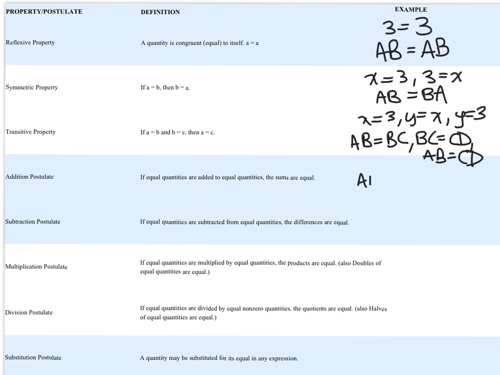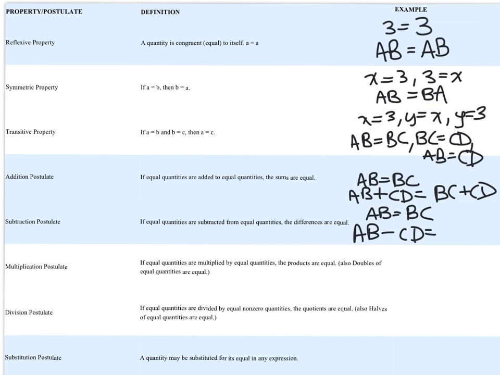If I know that 2 segments are equal, adding a segment to each side still makes them equal. So this is my addition postulate. My subtraction postulate, again in algebra, if x equals 3 and I subtract 2 from both sides, it's still going to be equal. It's similar in geometry because if I know that AB equals BC and I subtract CD from both sides, I know that it's still a true statement.